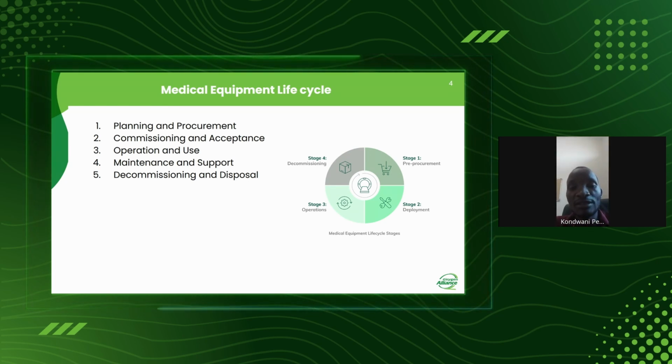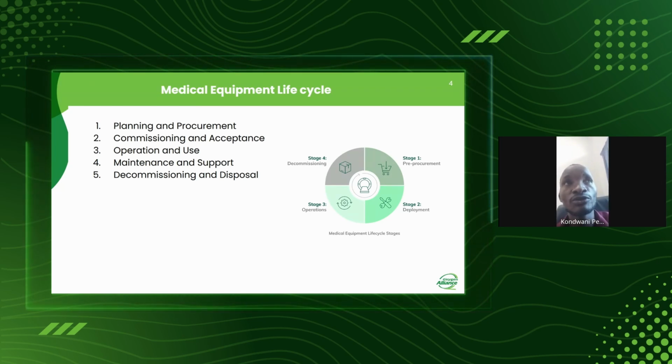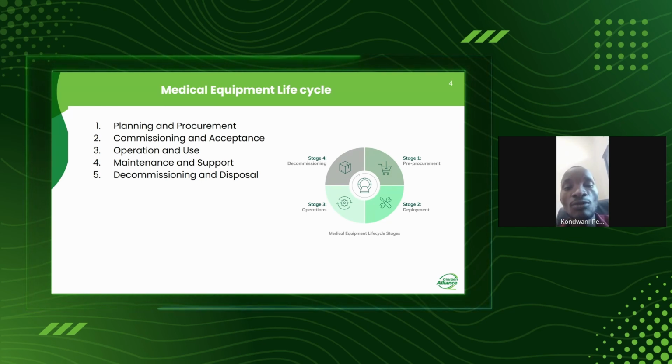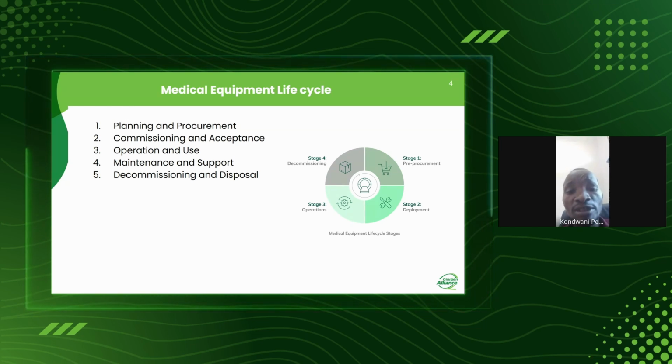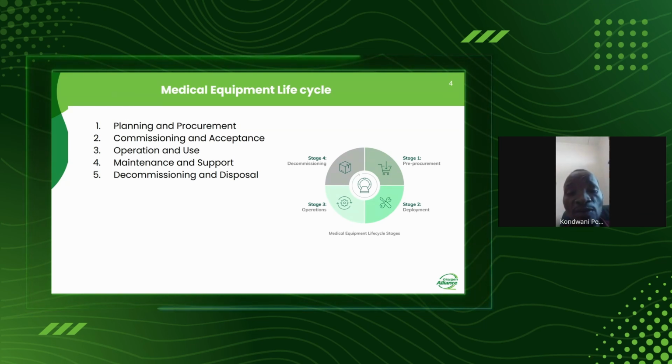So let's proceed. Medical equipment life cycle. Every medical equipment undergoes a life cycle, from the point of procurement to the point of disposal. They all undergo certain processes, and those are called life cycles. We start with planning and procurement, commissioning and acceptance, operation and use, maintenance and support, and decommissioning plus disposal.